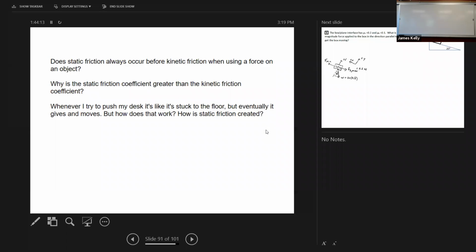Forming really tight bonds, and probably as time goes on, if your jet sits in the same place for weeks, bonds are formed really tightly. You get a lot of strong bonds there, and then you've really got to push hard to break it. Not only is there a big normal force, but I've got really tight bonds, and then all of a sudden it gives way and goes forward.